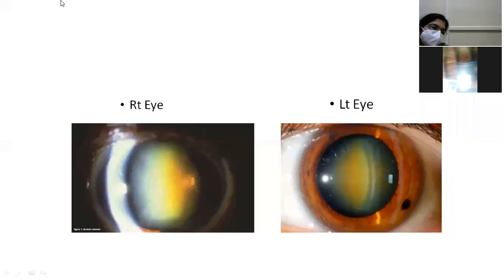Slit lamp examination is done. Okay. What is IOP? Intraocular pressure. Check. What's the normal intraocular pressure? Why are you taking so much longer?